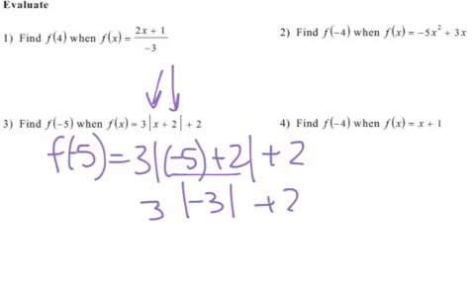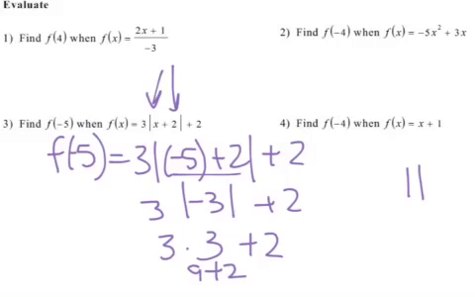Absolute value of negative 3 makes it positive 3. 3 times 3 is 9 plus 2 gives us 11 for our answer. Just simple plugging it in like that and working through the problem. So I think you guys can handle number 4 on your own.